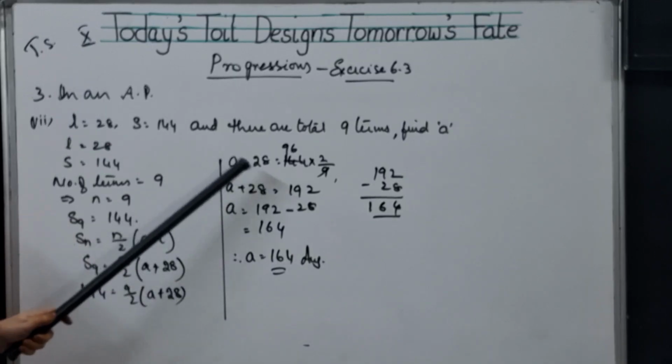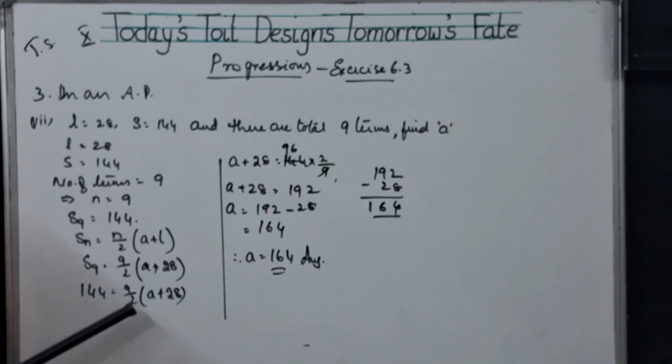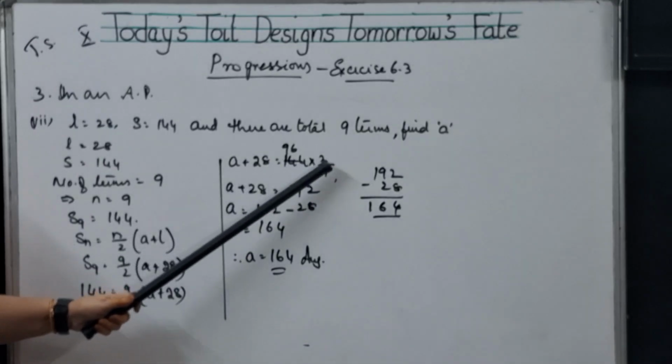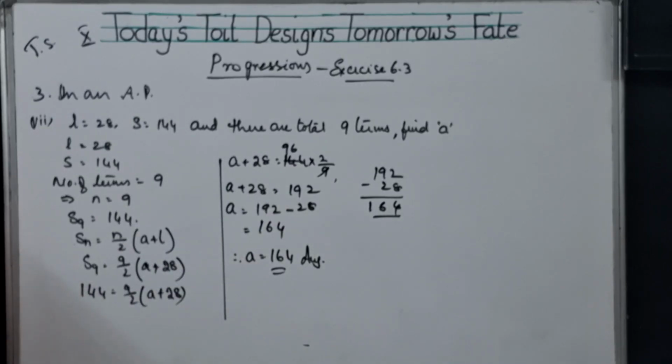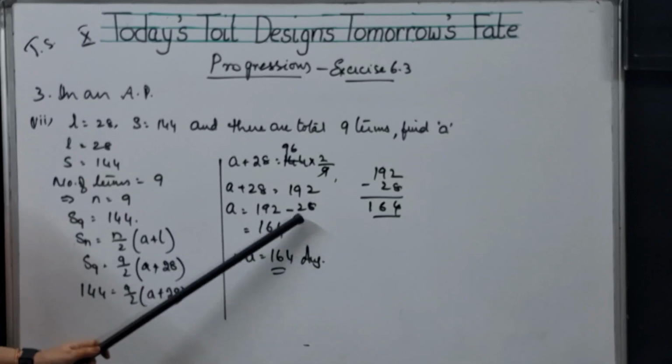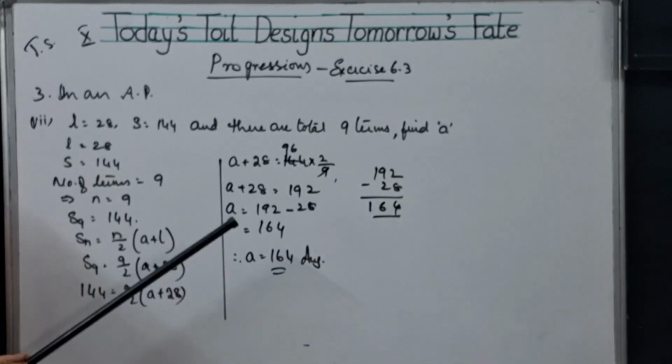That means a plus 28 is 144 into 2 by 9, reciprocal. a plus 28 is 192, since 16 into 2... I have got 96 into 2 is 192. So a is 192 minus 28, which is 164. So the value of a is 164 children. Please note it down.